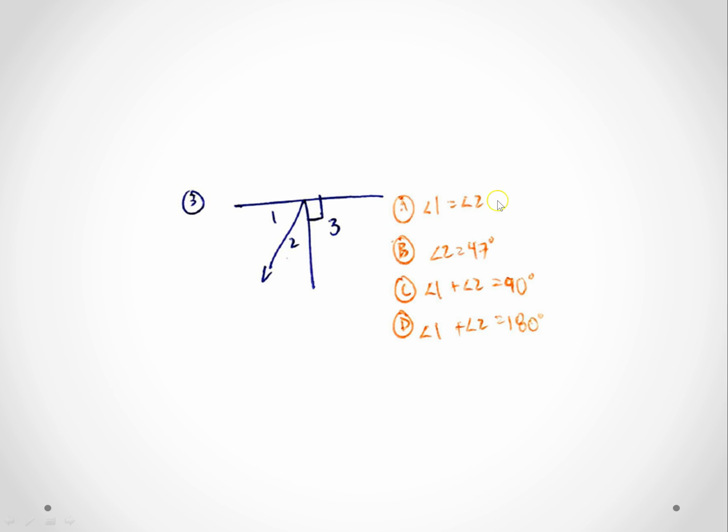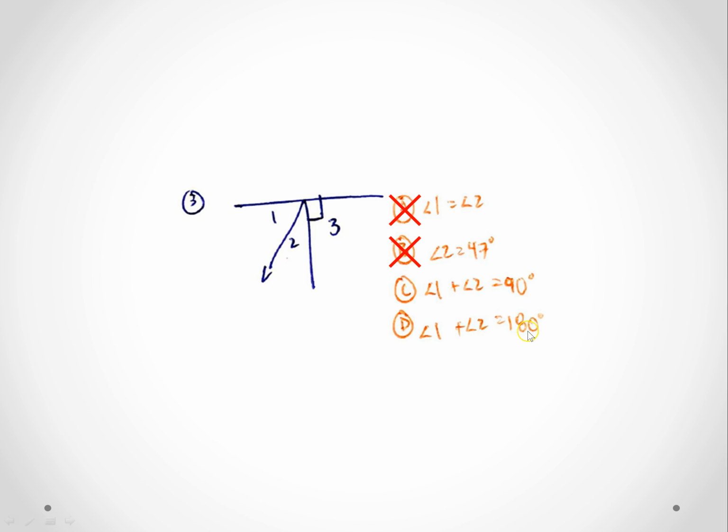And it can't be A because we don't know for sure if angle 1 is equal to angle 2, so no. For choice B, we can't know for sure what the measurement for angle 2 is, so no. Some people might look at the drawing and say, hey, angle 2 looks a little bit thinner, so it has to be less than 45. If you want to go that deep, sure. I want to look at choice D, though.